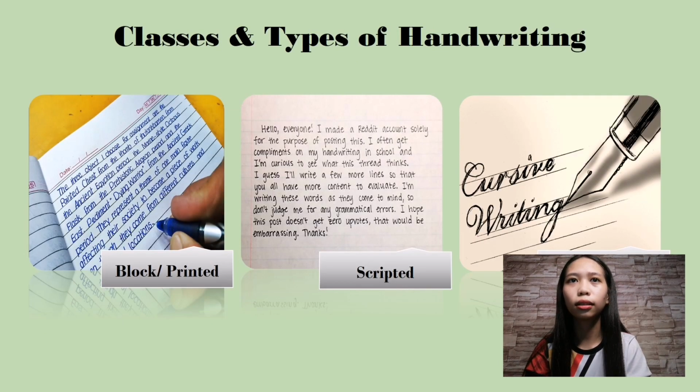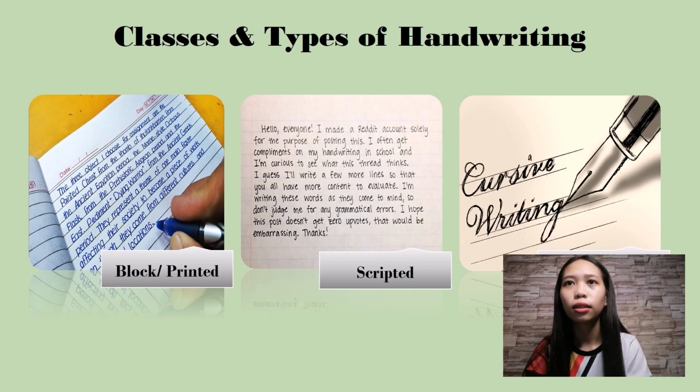And of course, the classes and types of handwriting. You can see the picture of the block or printed. The letters and the words are connected. They were somewhat like super alike, right? And the letters and the words are proportionally aligned as well.